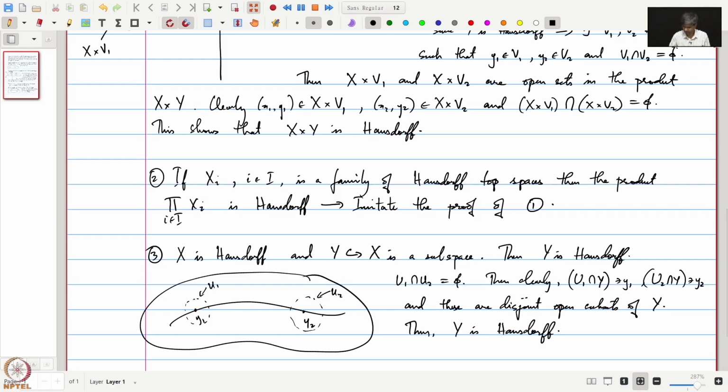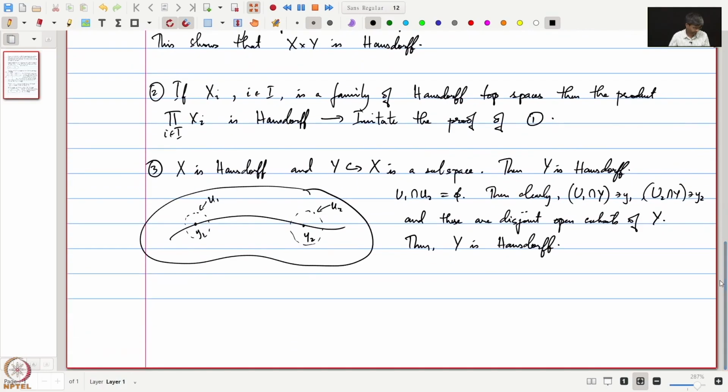The above exercises give us plenty of examples of Hausdorff topological spaces.